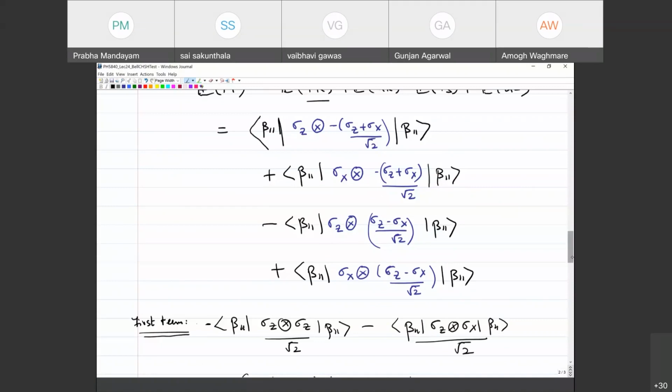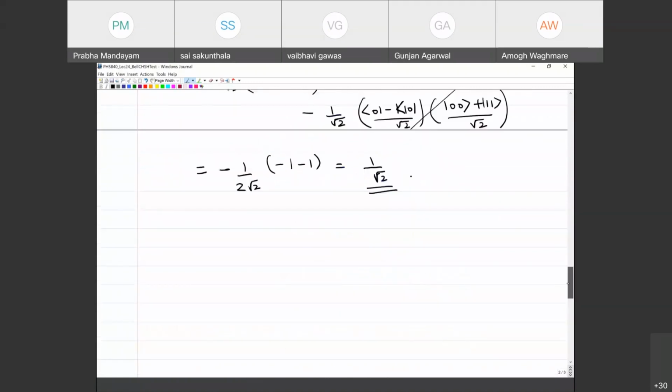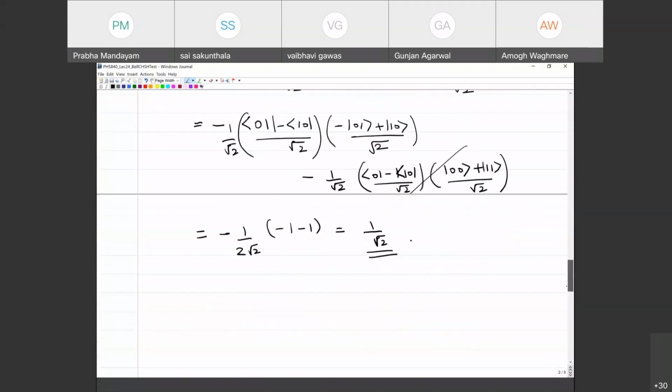And then the XX term is going to flip the 0,1 to 1,0 and the 1,0 to 0,1. So once again, what I'm now going to say is, in fact, every term evaluates to 1 over root 2.